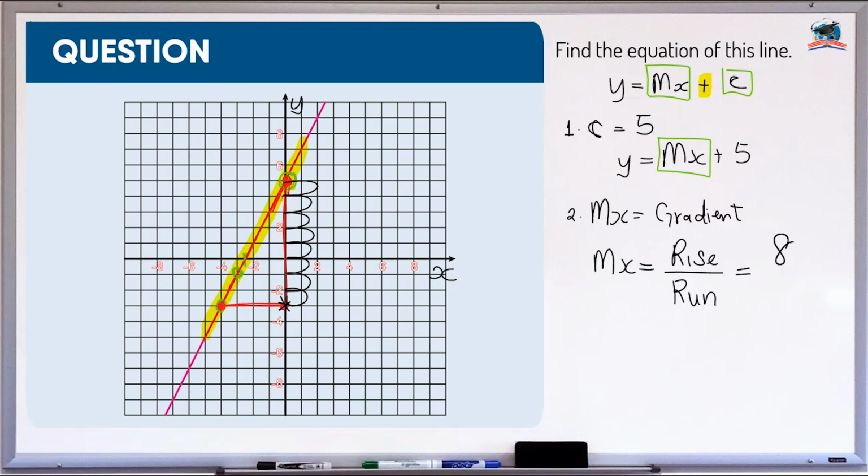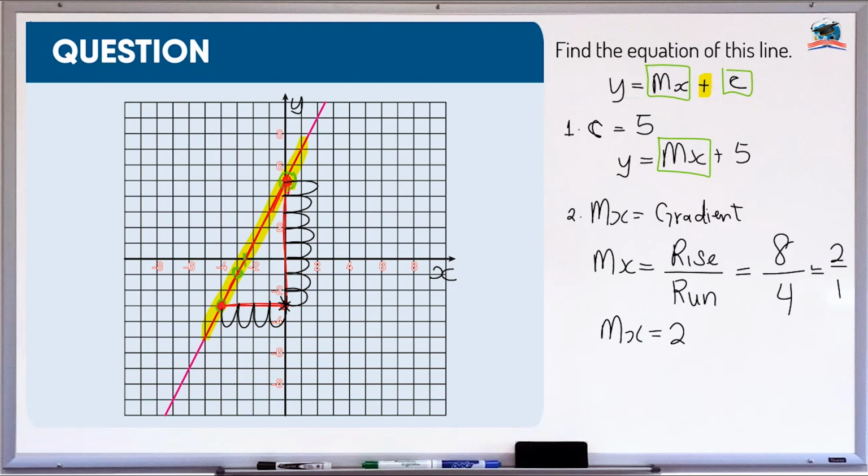You have 8. And we have run. Run is 1, 2, 3, 4. 4. And that gives us what? 8 over 4 is 2 over 1, and 2 over 1 is 2. So our gradient is 2. So our m here is equal to 2.